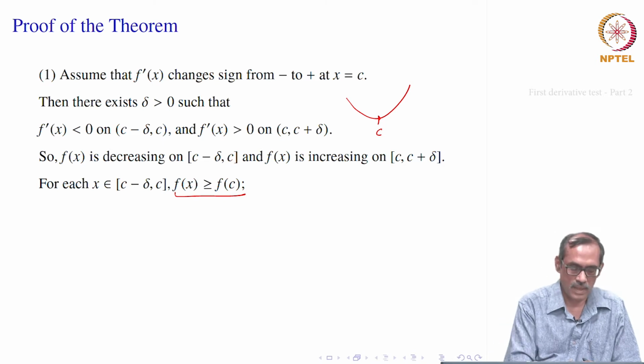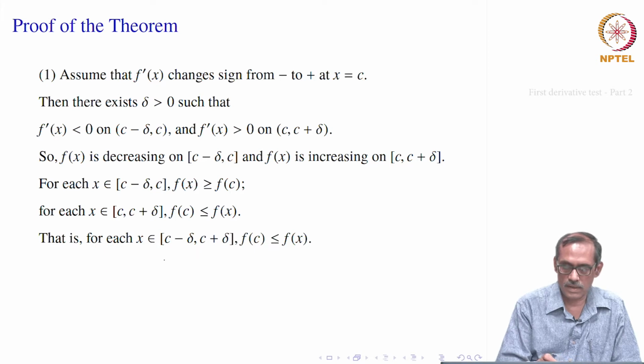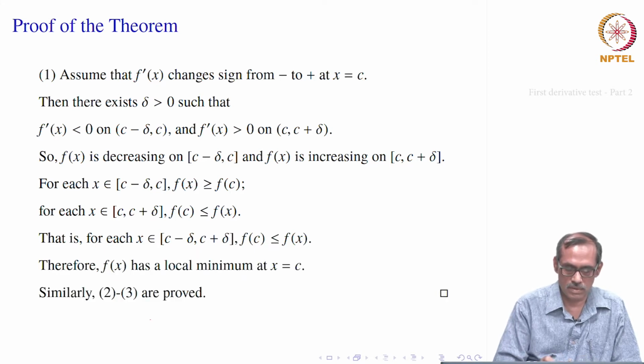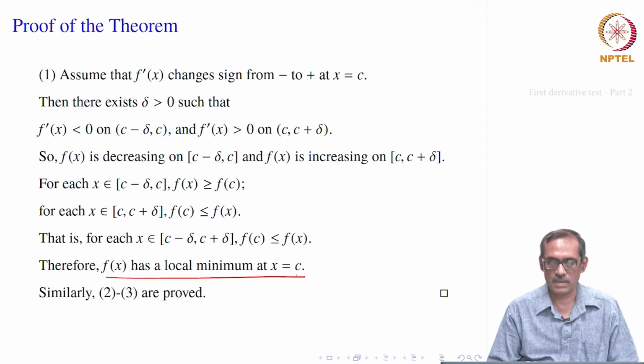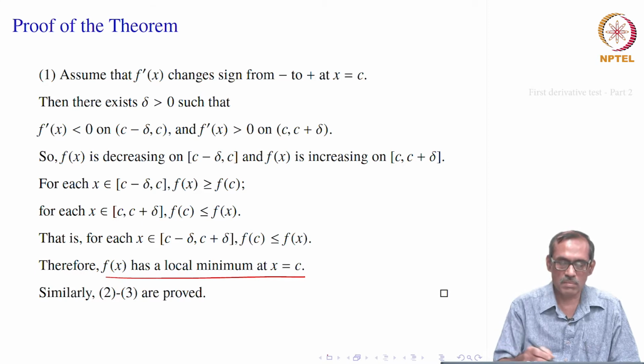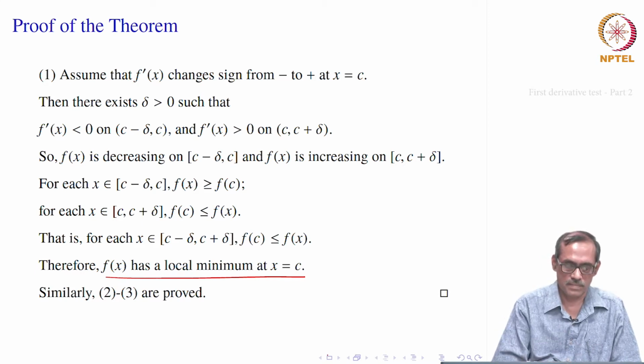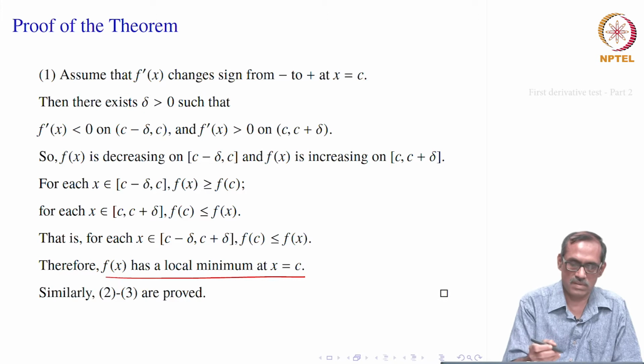That would give us that f(x) has a local minimum at x equal to c. That is clear? Okay. Similarly, we will prove 2 and 3. Only the sign changes will occur, and similarly the inequalities will be changed there.